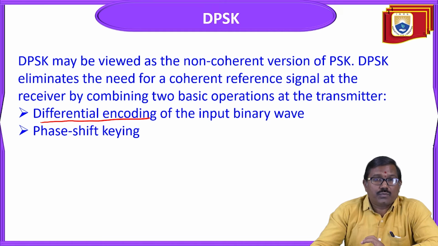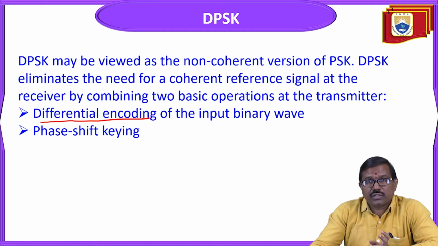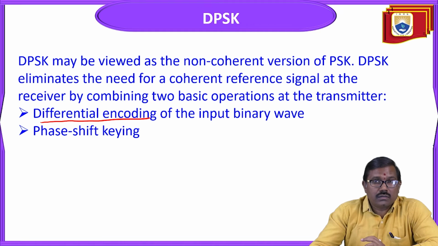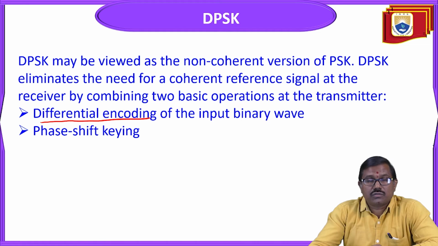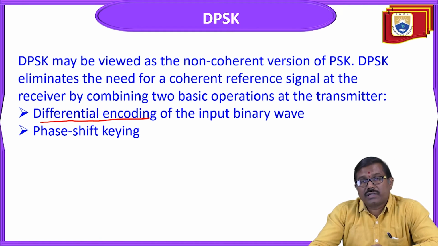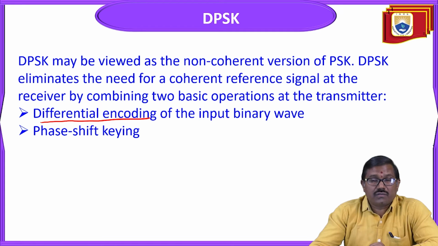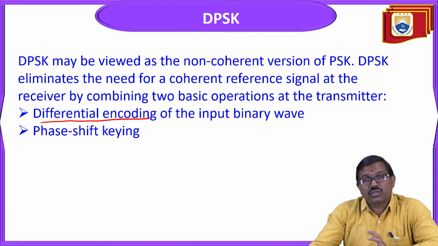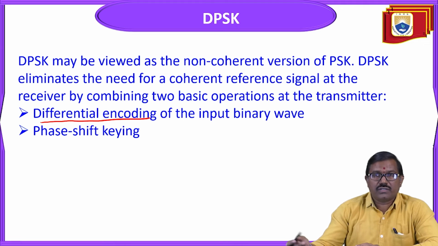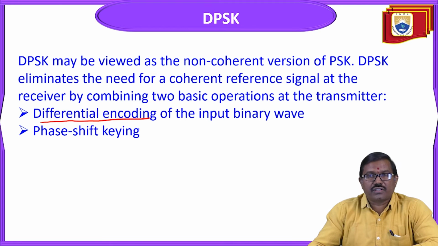Problems will come on this differential encoding, and in this session we are going to solve two simple problems: taking a binary sequence and encoding it differentially, with 1 as the reference bit for one problem and 0 as the reference bit for another. Okay, let's see in the next session.